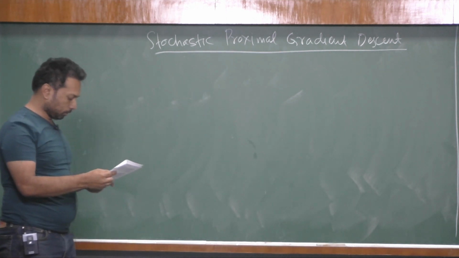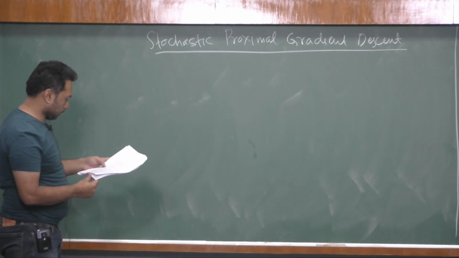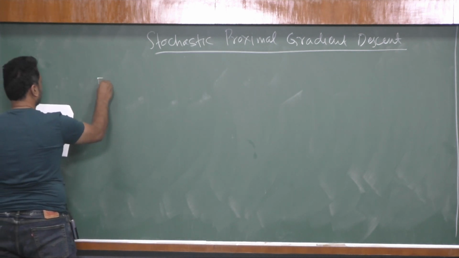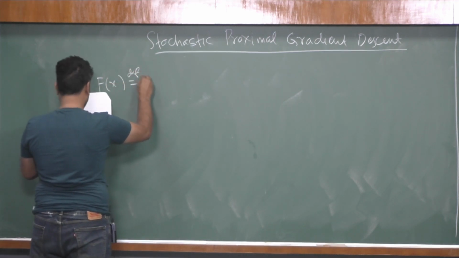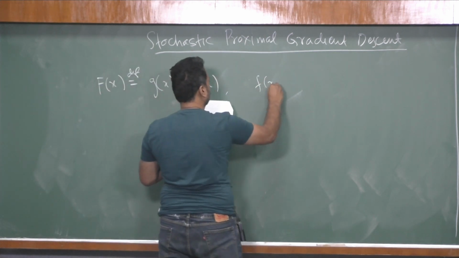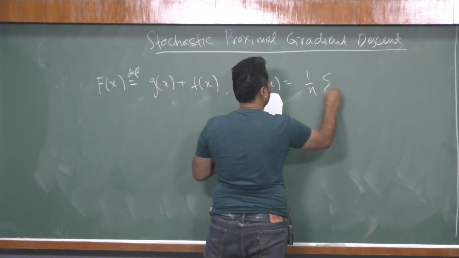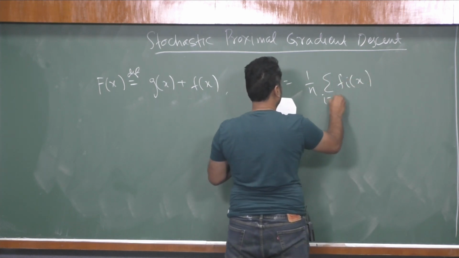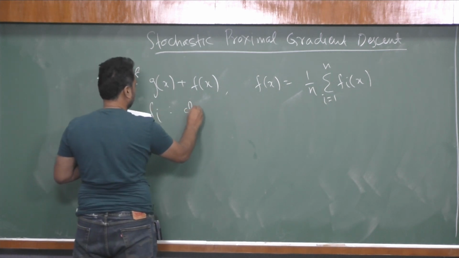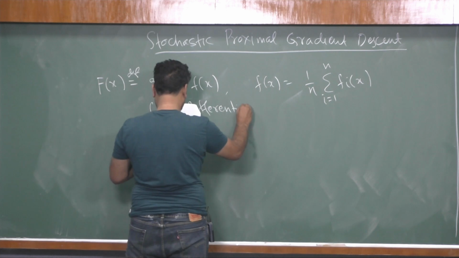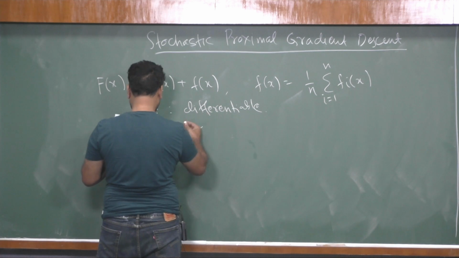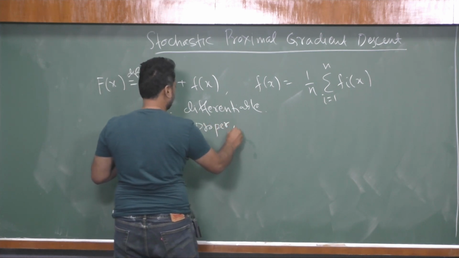So let's see. We were doing this last time, and basically we are looking into problems like this, where F(x) is defined to be g(x) plus f(x), where f(x) is the sum of f_i(x), i equal 1 to n, and the f_i's are differentiable, and g is convex, I mean it's proper and lower semi-continuous.